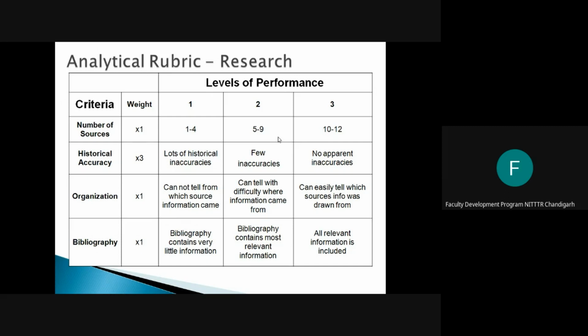And if anyone can tell easily that this is the source of information, that means you have organized the things properly. So you can easily see that this information you have taken from this paper. This particular line you have taken from this paper. If you can easily tell by going through the paper, then the paper is properly organized. And this is one of the criteria.